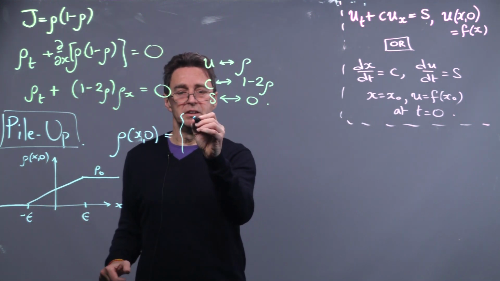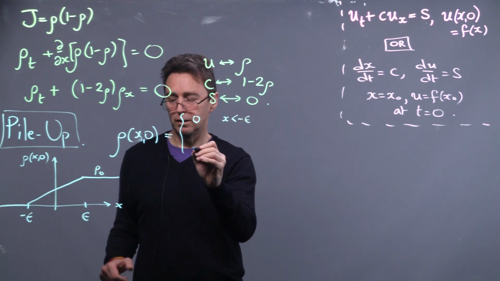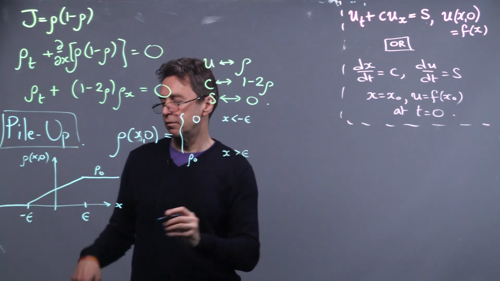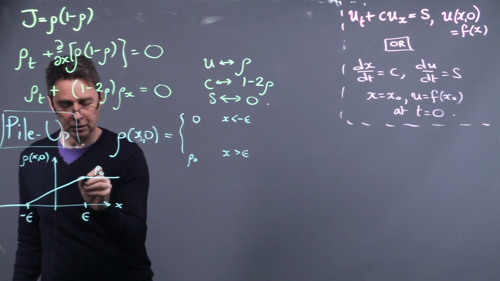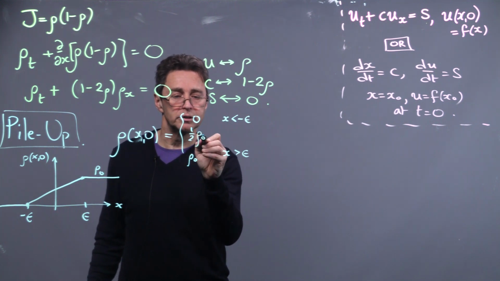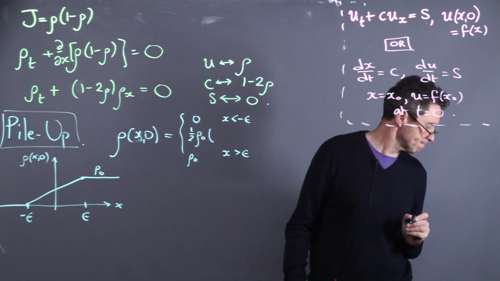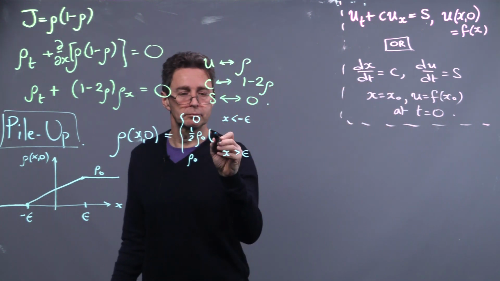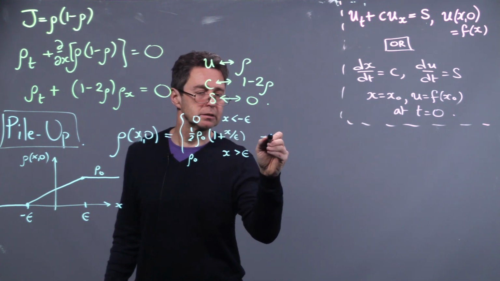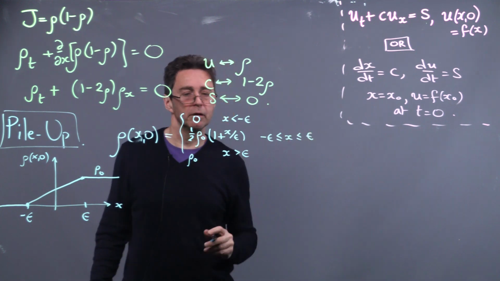So it's going to be 0 if x is less than minus epsilon. It's going to be rho 0 if x is bigger than epsilon. And then a linear ramp that goes between these 2 points is 1/2 rho 0 times 1 plus x over epsilon over that range.